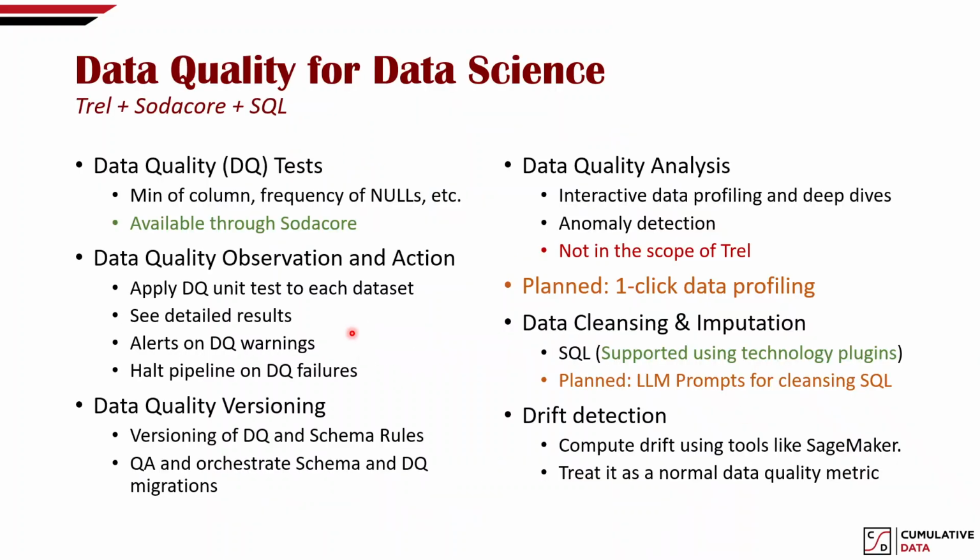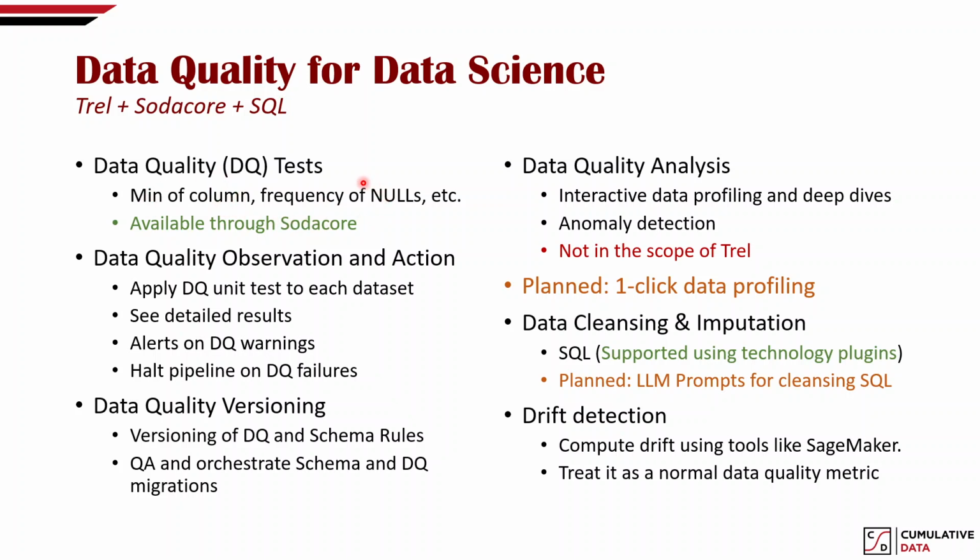All right. So Trel offers data quality tests by integrating with Soda Core. So the tests that you write are actually Soda Core rules. It's called SodaCL, and it has some high quality capabilities, such as conditions on the various columns, all kinds of rules.